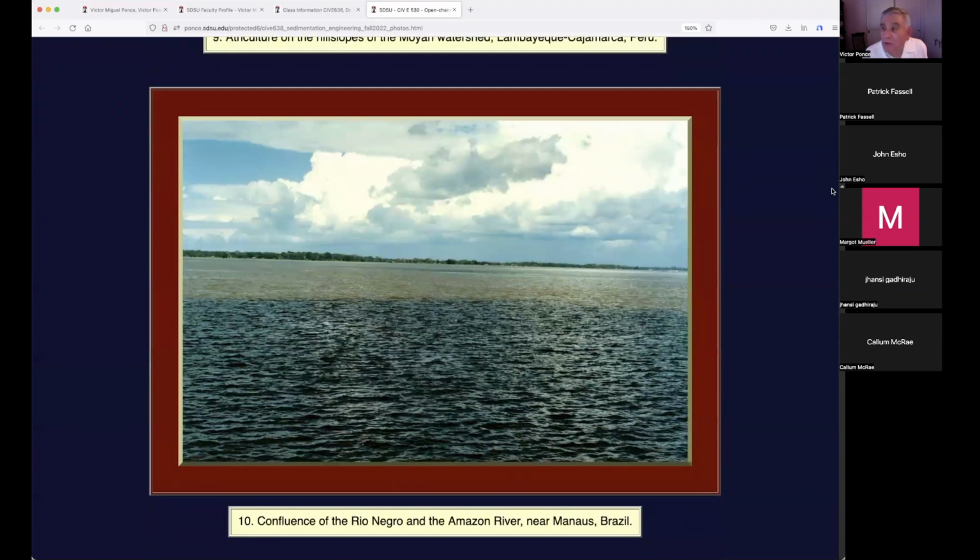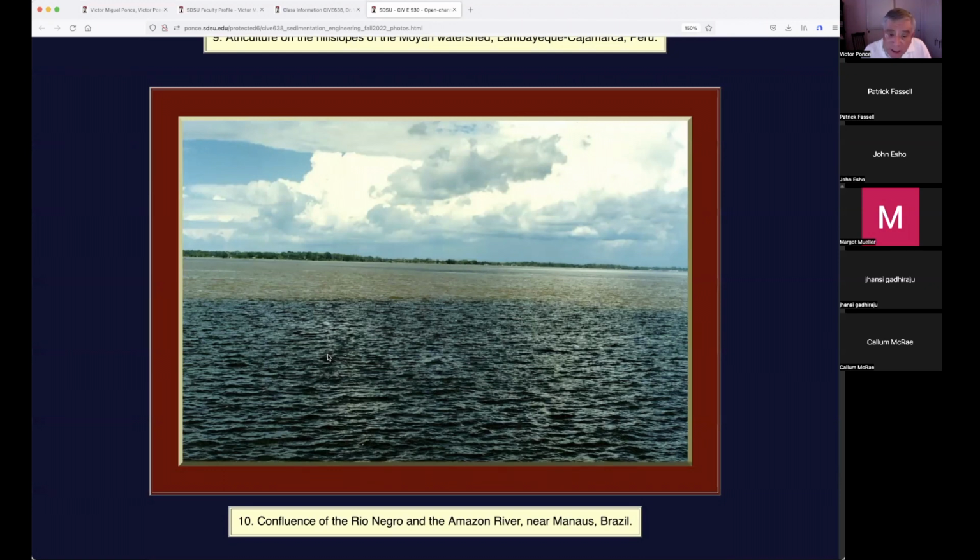I was talking about humic substances earlier. Well, here it is, the example of what I was talking about. This is the confluence of the Rio Negro and the Amazon. The Amazon is the brown one, which comes from the hills, bringing the sediment. The Rio Negro comes from the northern plains of Brazil, in the Pará region, Pará state, where there is no sediment. So there's no sediment, but there's a lot of vegetation.